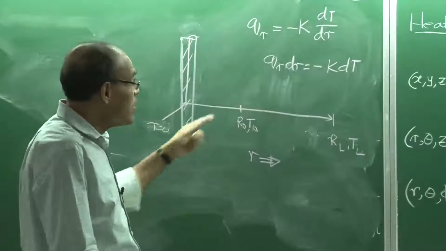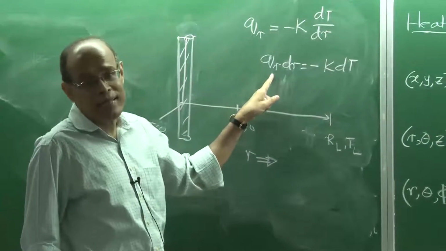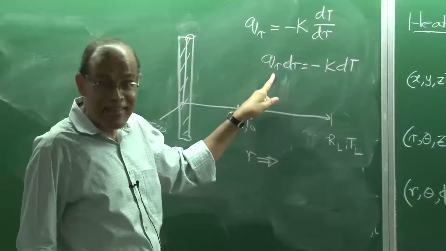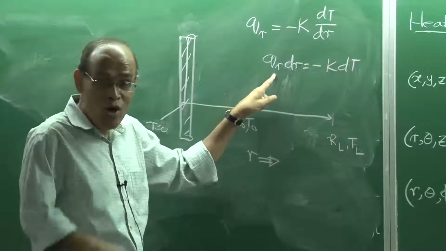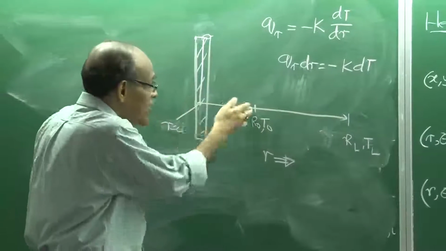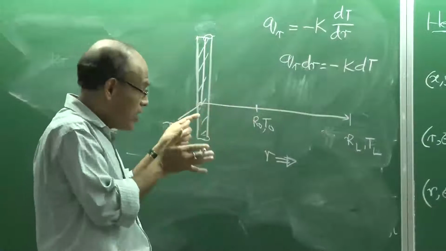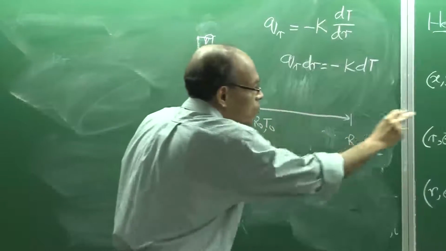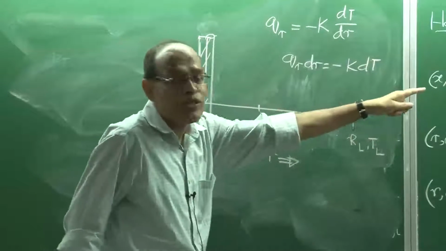You can imagine it is the qr multiplied by the area that decides the net rate of heat flow. The heat flux closer to the axis is much more intense than the heat flux which is far away from the cylinder.